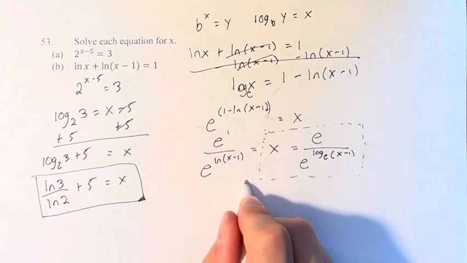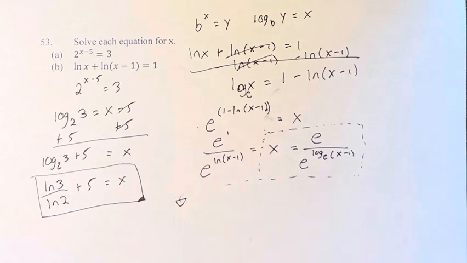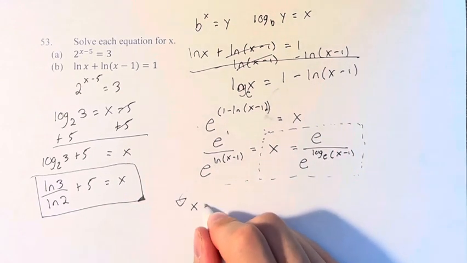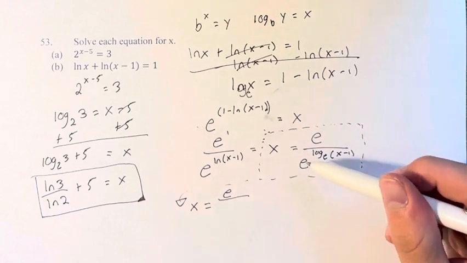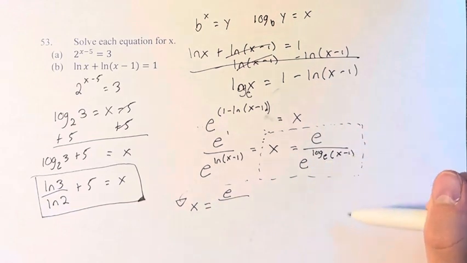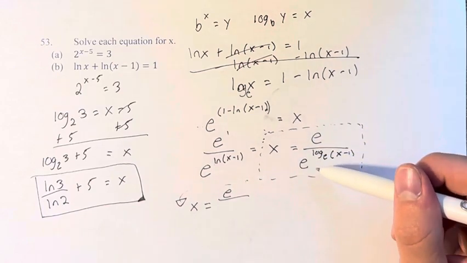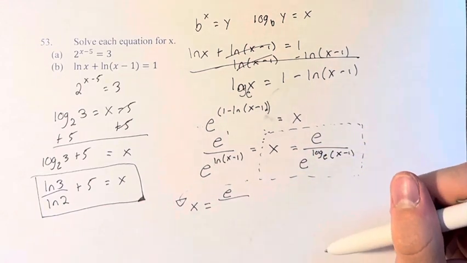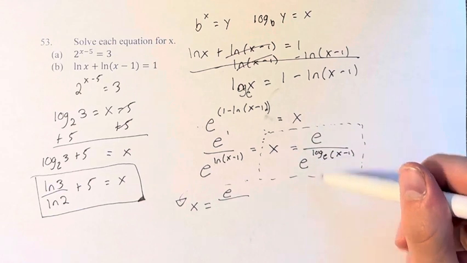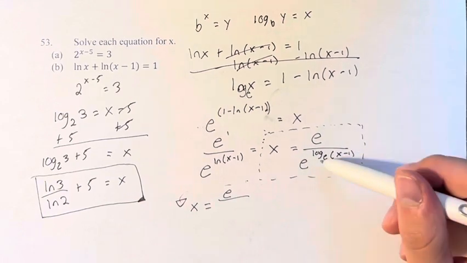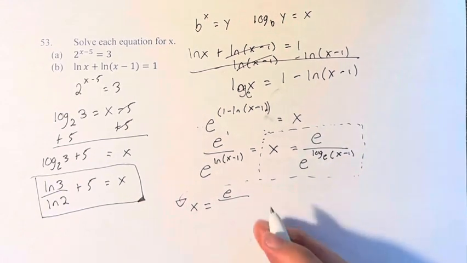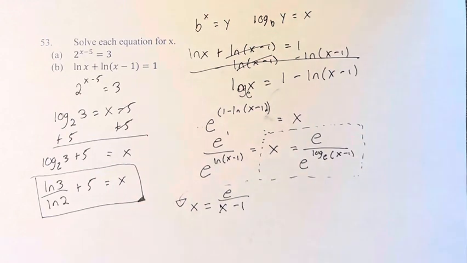To go here, x equals e over e to the log base e of something equals that something, right? If you have a log in the exponent, all of this basically just cancels. Again, it has to be e to the log base e, or 2 to the log base 2. Whatever it is, it's just equal to what's inside the log, x minus 1.